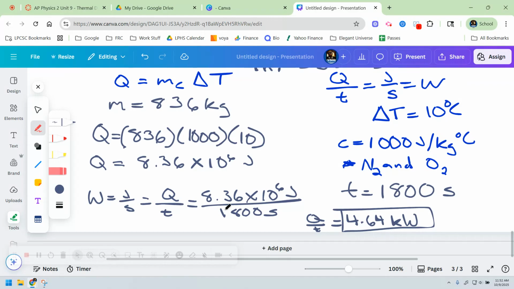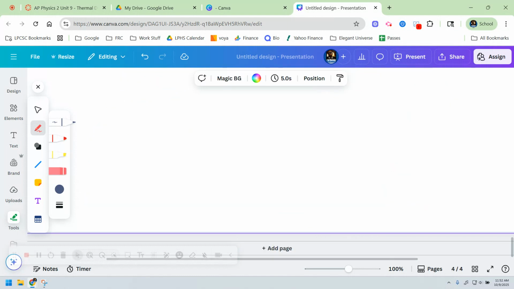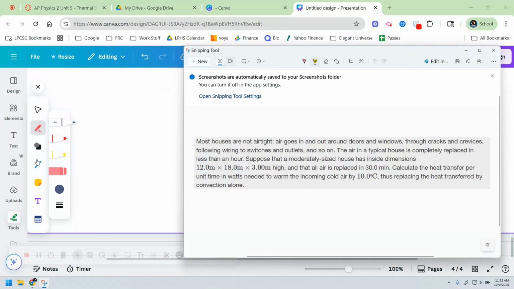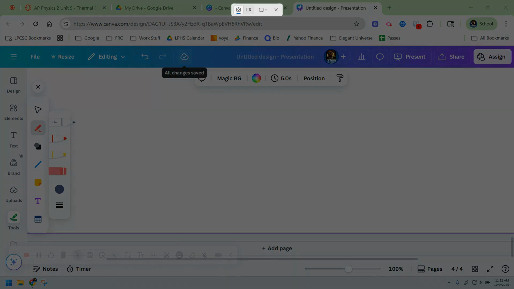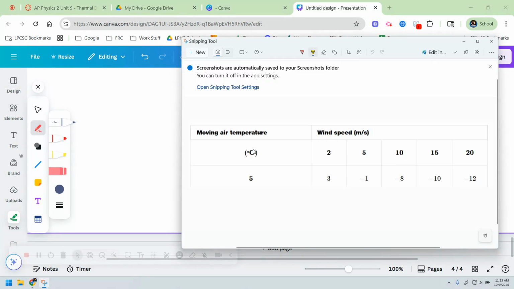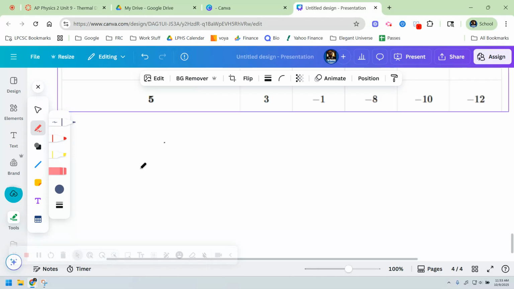There is a chart in the book that talks about moving air and wind speed based on temperature. It's in the textbook, but you'll need some of this information for your homework, right?